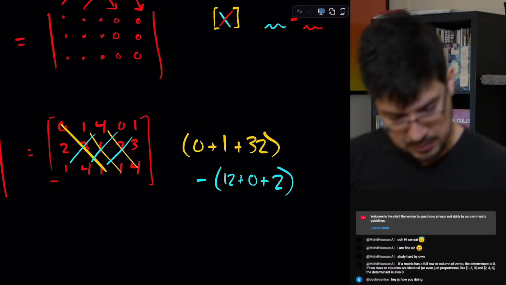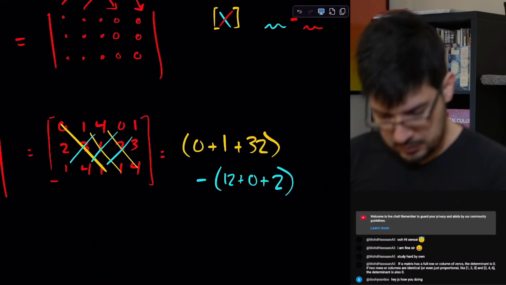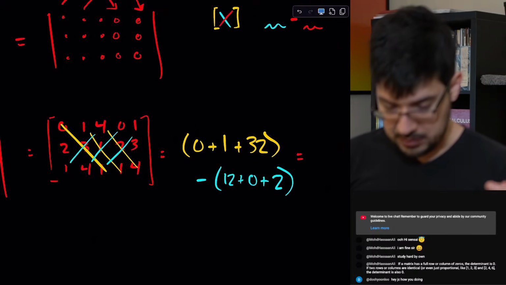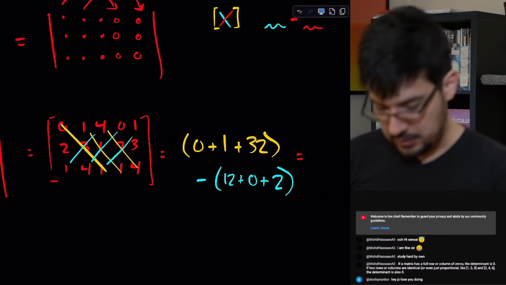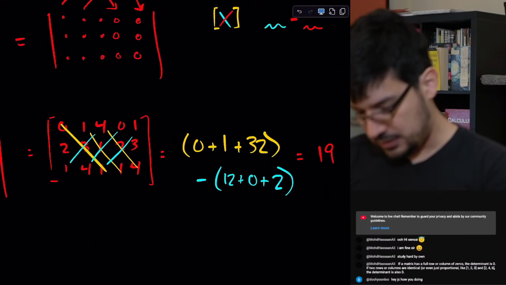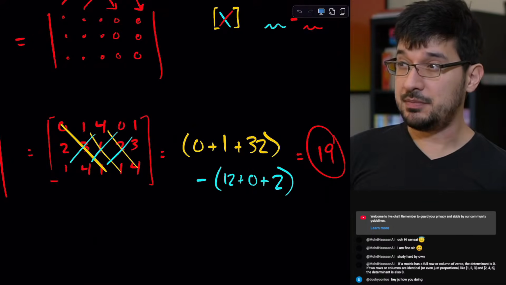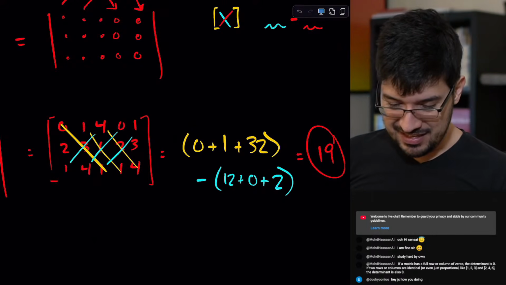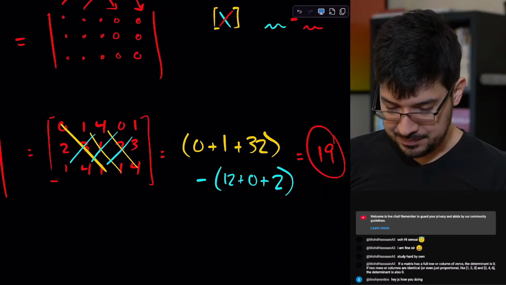And this is 33 minus 14, which is 19, right? So the answer for this determinant should be 19 if I didn't make a mistake. It's pretty easy to make math mistakes a bunch of places.